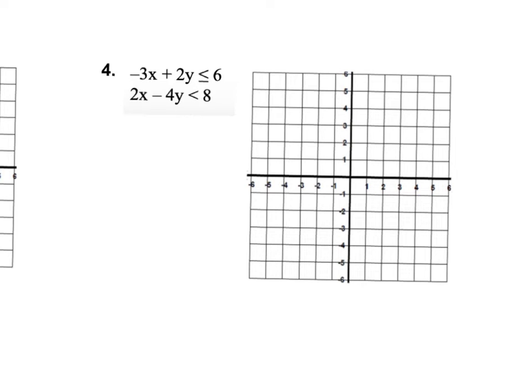All right, so this one, let's just use the x and y intercepts again. X, y, and 0, and 0. So I'm plugging in 0 for y, dividing by negative 3, and I get a negative 2. All right, and I'm going to plug in 0 for x, divide by 2, and we have 3.